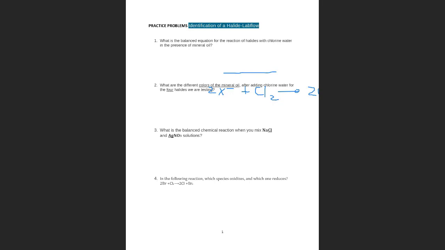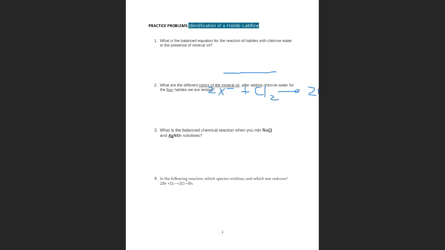And the elemental form of the halogen is not polar, so it is more soluble in the oil layer. That's why it produces that change in color in the mineral oil.